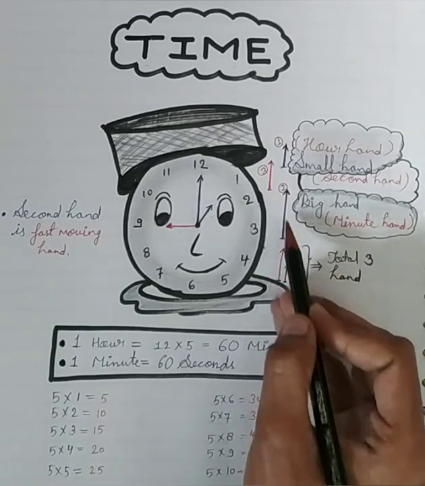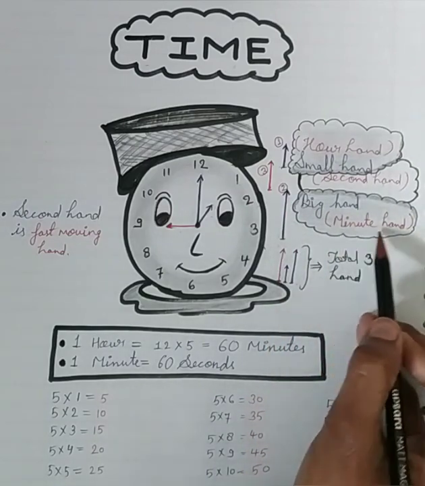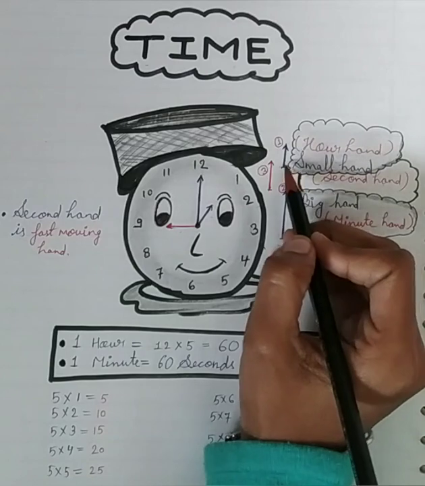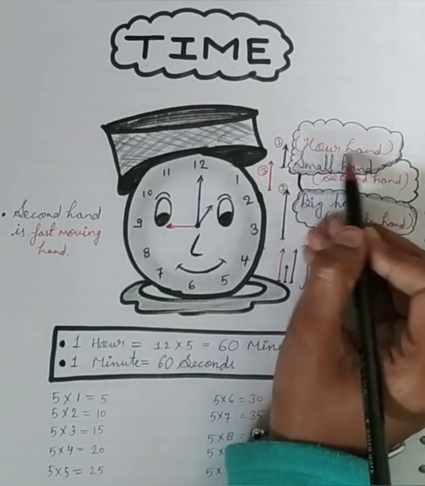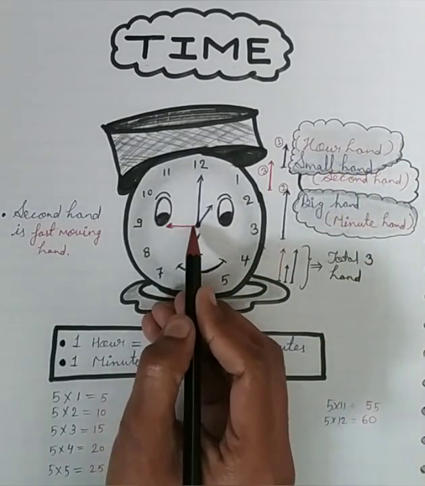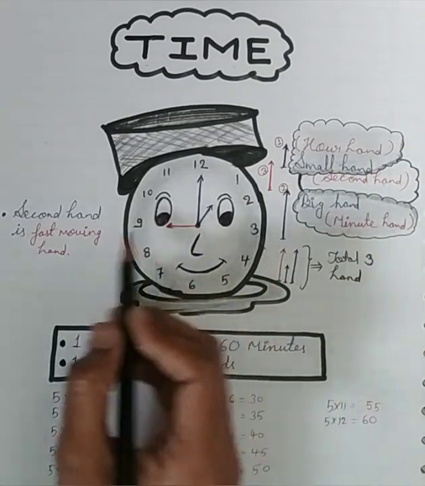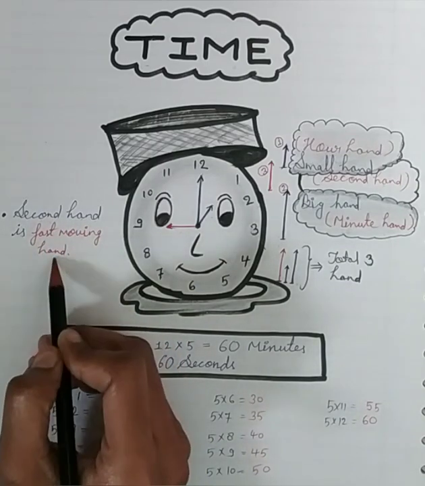The big hand of the watch is known as the minute hand, and the small hand of the watch is known as the hour hand, and the watch has one more hand, the second hand, and this is the fast moving hand.